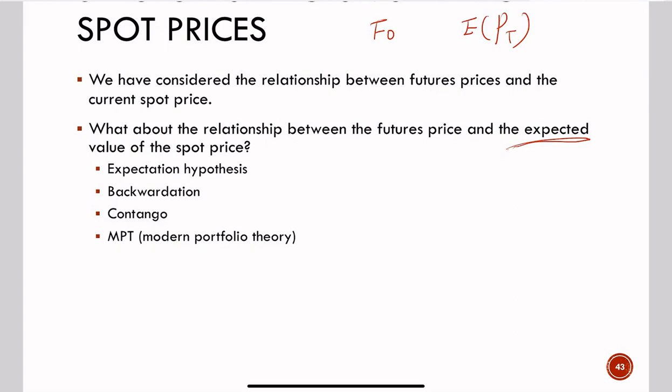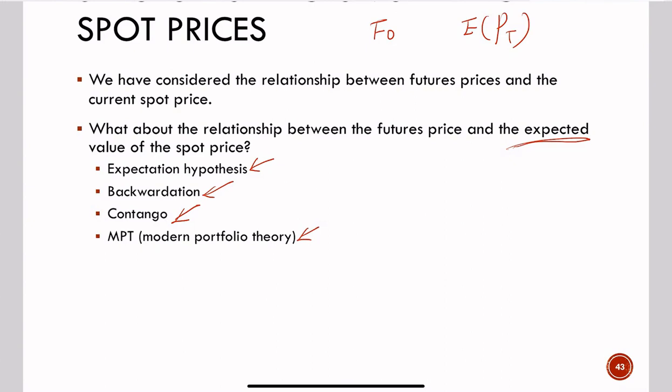The first one is called expectation hypothesis, and the second one is normal backwardation. The third one is contango, and the fourth one is based on modern portfolio theory.